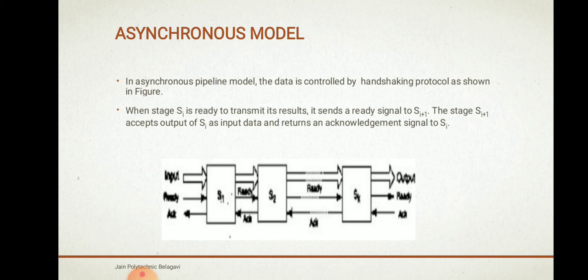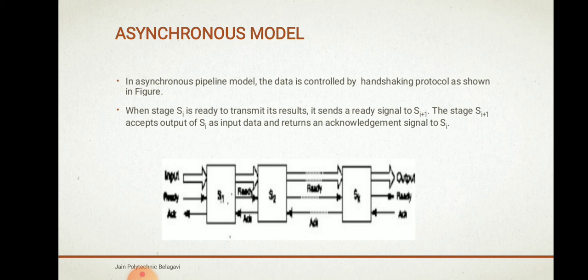Si+1. Suppose we are in stage S0. S0 will be ready to transmit its results, so it sends a ready signal to S1, saying that it is ready to feed the input into the next stage. When it sends the ready signal, the next stage, Si+1, accepts the output of Si as input data, and then it returns an acknowledgement signal to Si.